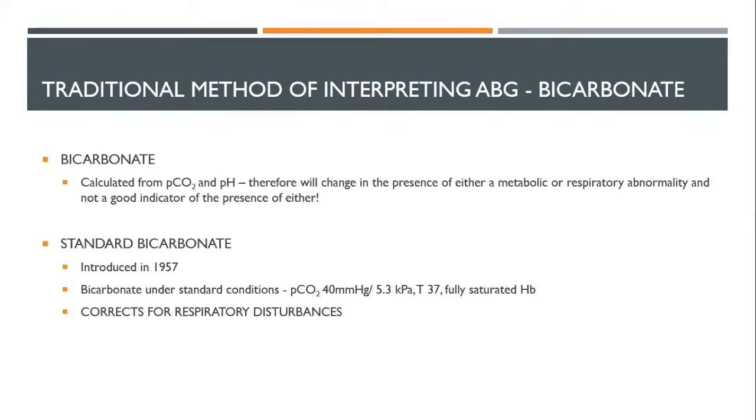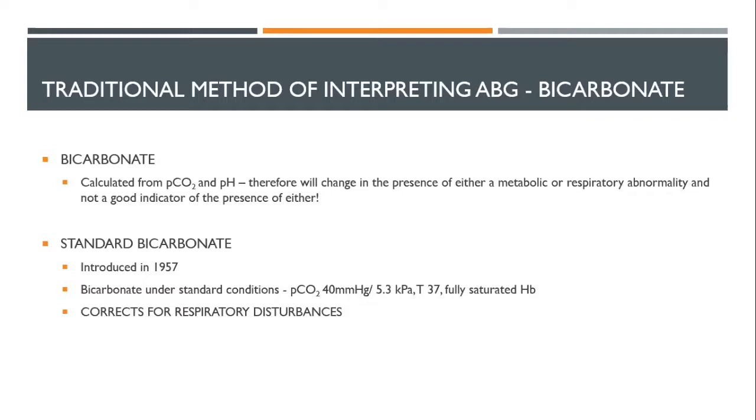So there's a traditional method, or the Stewart-Anderson method, of interpreting ABGs. And this has evolved over the course of time from about the 50s onwards. Initially, they looked at bicarbonate as a way to determine acid-base disturbances.